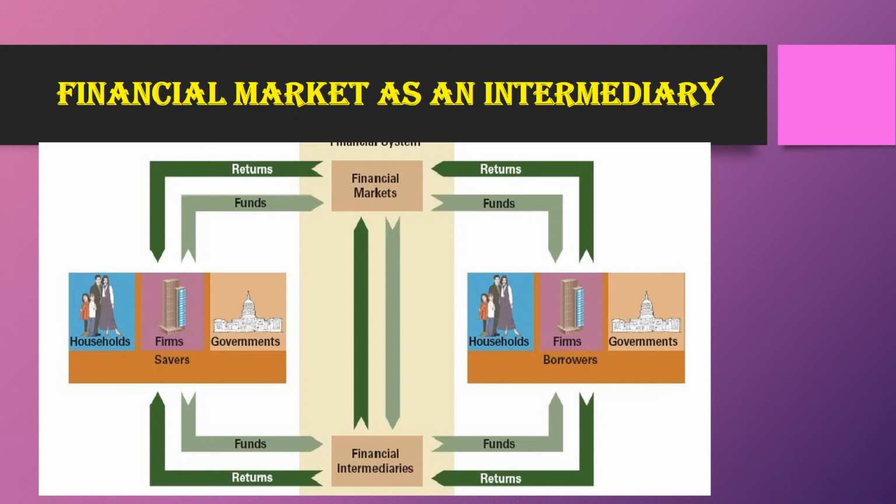These funds are converted into business or capital, and returned back to the households. So we can observe that there is a rotation, and the financial market is an intermediary, and the financial intermediaries help in the borrowing and saving of this money. It assists both the savers and the borrowers to get maximum gain on their money.